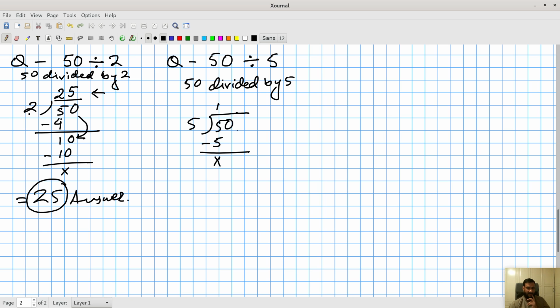And now this 0 falls down to its place because it's now its turn to be divided. Right. After falling down, we see this is not enough. This is not greater than or equal to 5. So we need another number, right?